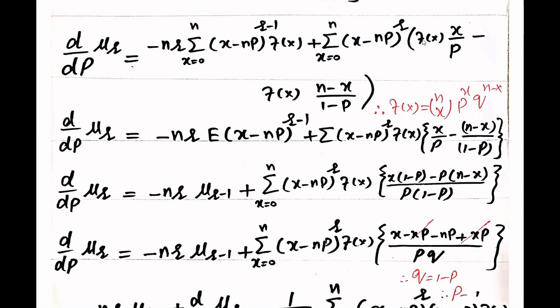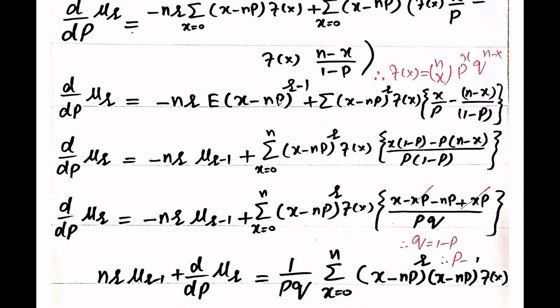Take f of x common from this term. We are left with x over p minus (n minus x) over (1 minus p). Write this term as it is and only solve this part. So we solve this part: p into (1 minus p), take the LCM, cut this p, and x multiplies into (1 minus p).